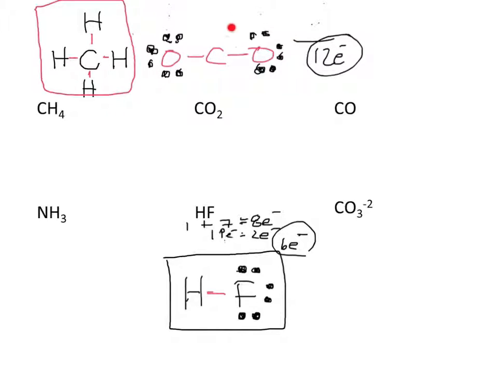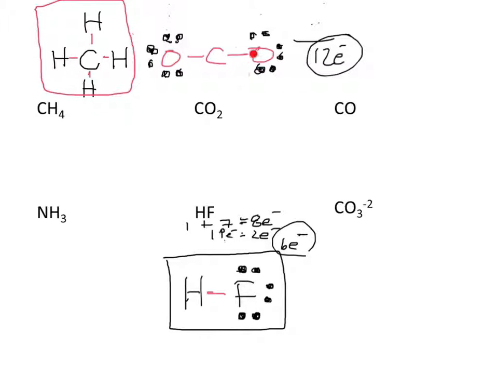So here's my octet for the oxygen. And these are all the electrons that are bonded to the oxygen. And we can count them: 1, 2, 3, 4, 5, 6, 7, and 8. So those check. And again, this is the same on this side. So these would have 1, 2, 3, 4, 5, 6, 7, 8. So again, check.